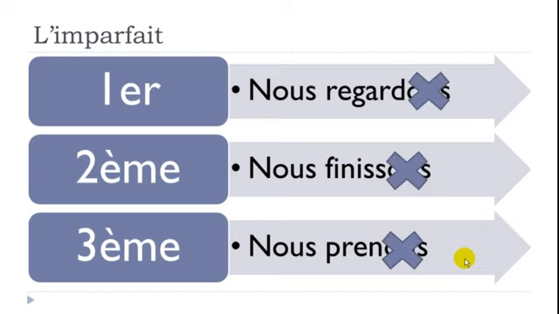Okay? So the thing will be to take away the ending of nous. And the ending of nous, it's ONS, like you saw here, here, and here. So the idea is that this ending, you will take it away.